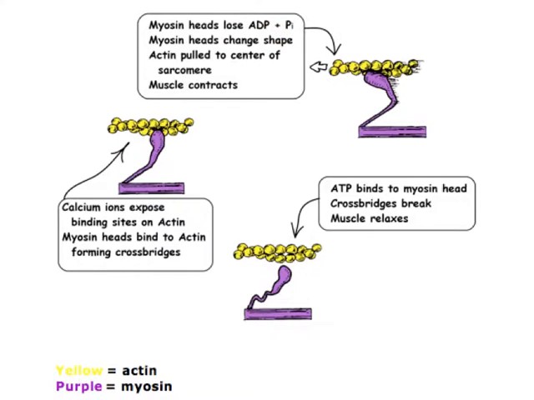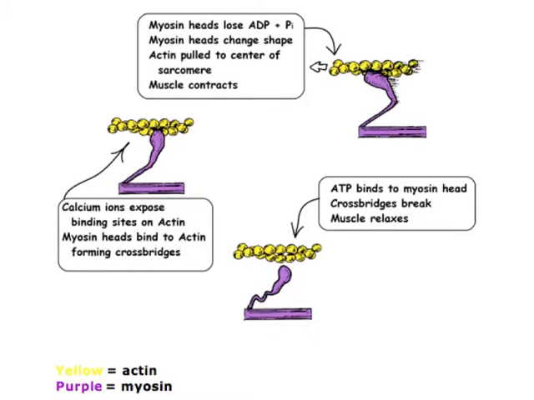They're going to change shape, which is going to actually cause the muscle, or the fiber in this case, to contract. And then, in order to break it apart, and this is the interesting thing, ATP has to bind to it. So if you've ever had a Charlie horse, think about that. What's the problem there?